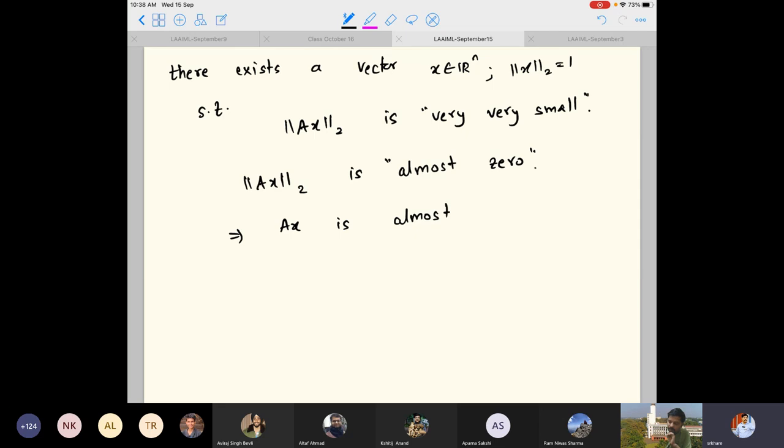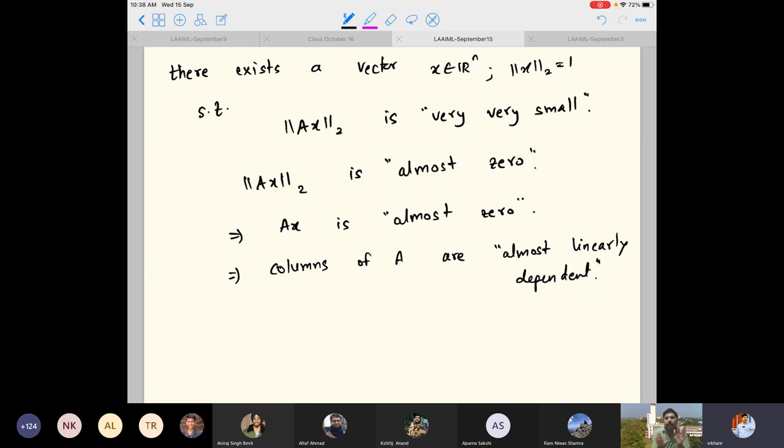So this is a little bit of hand waving that I am doing, right? And that means that the columns of A are almost linearly dependent, right? Because a non-trivial linear combination of the columns of A is going to almost 0. So the columns are almost linearly dependent.